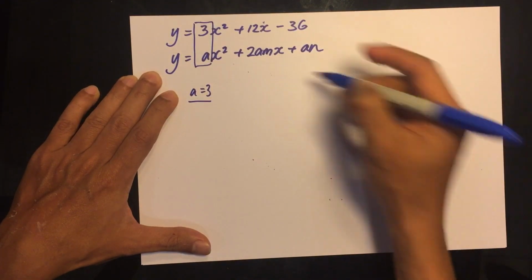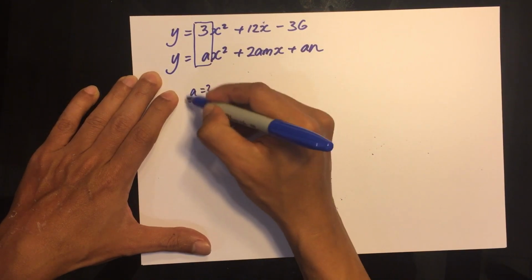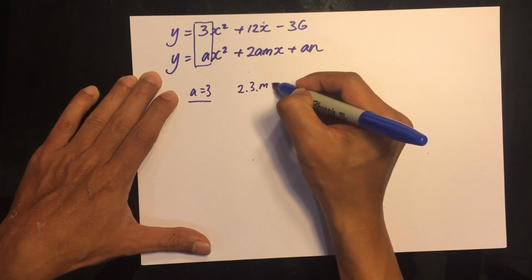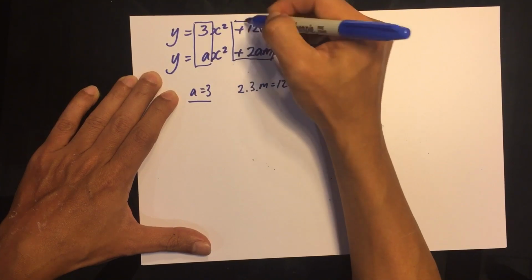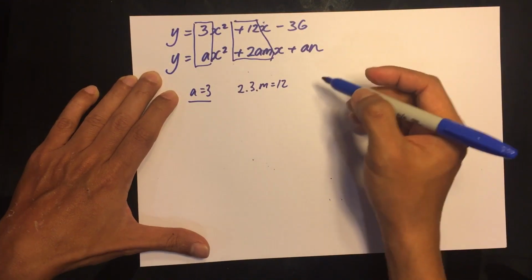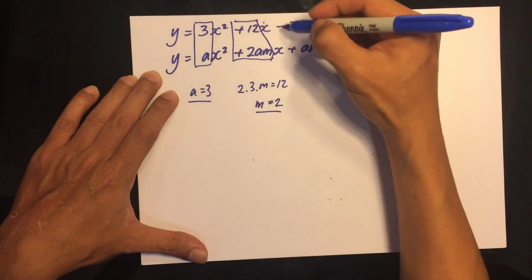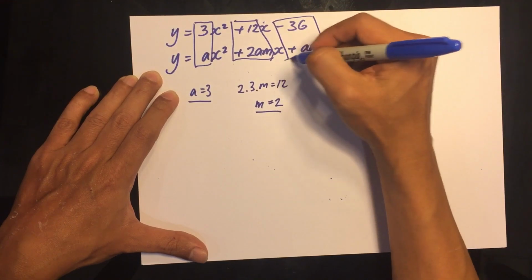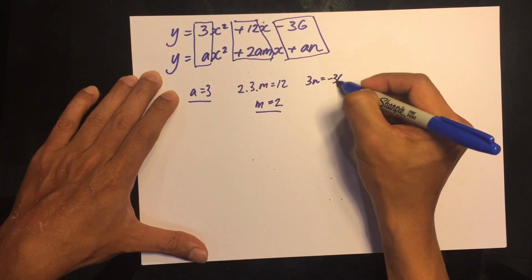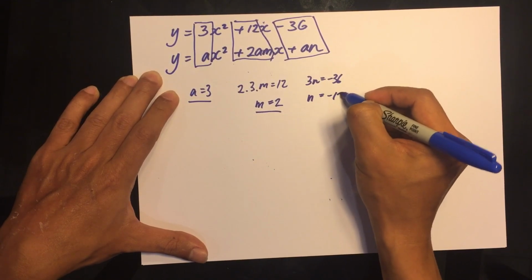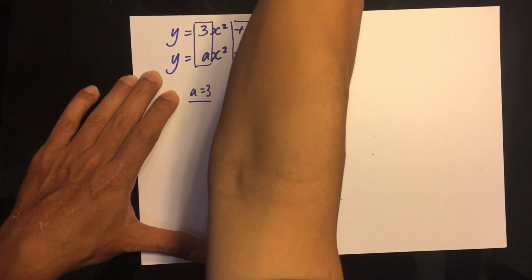You can also see that 12 is equal to 2 times a times m, so 2 times a times m is equal to 12. Remember to take into account your signs. It just so happens that both are positive here, so that's fine. So m is equal to 2. And finally, an, which is 3 times n, is equal to negative 36, and n is obviously negative 12. There you go. You've got your a, your m, and your n.